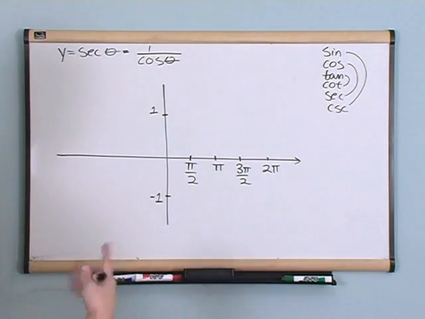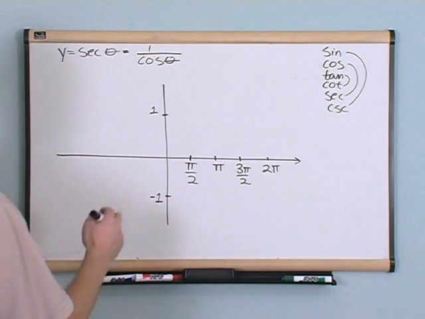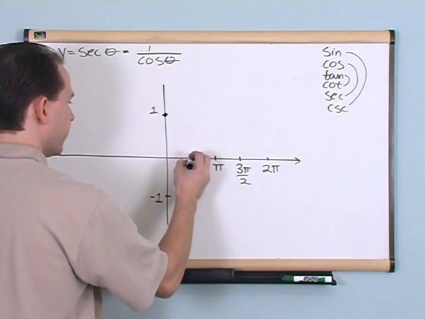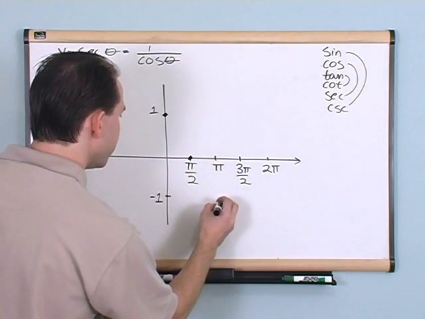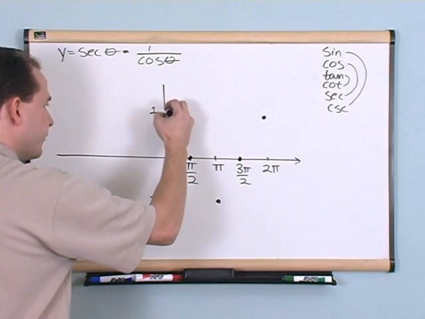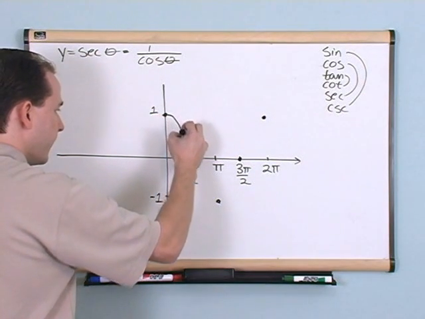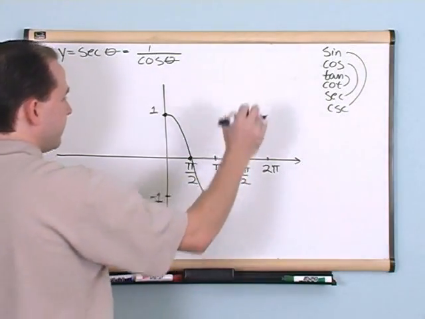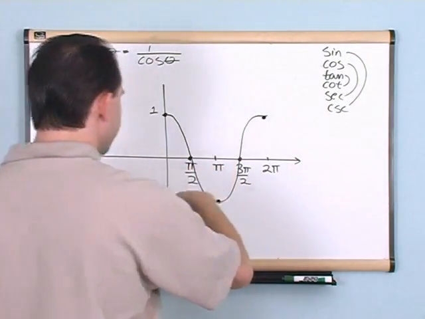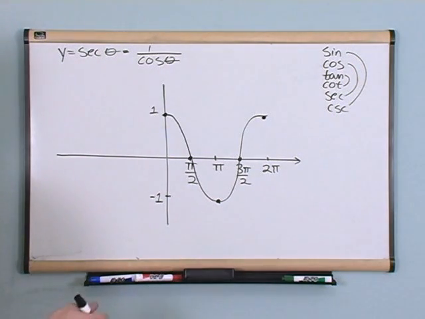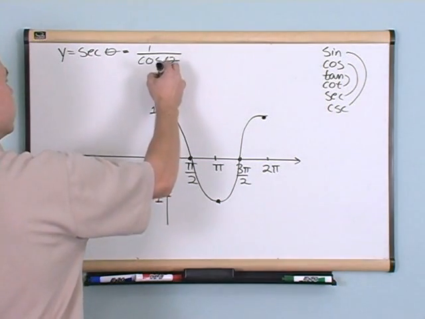I'm going to speed things along a little bit, but I think you can convince yourself that the plot looked something like this, and you'll get to the point where you can memorize these after a while. Cosine function starts at 1, goes down like this, goes up like that. Now this is a reference. This is not the problem you're given. This is something you're going to use to help you graph this function.